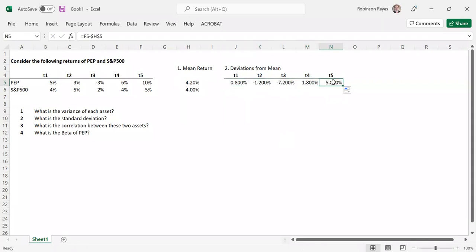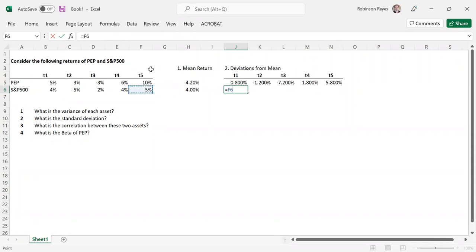If I look at the last of the cells, please notice that because we locked H5, the cells that make reference to the returns here, B, C, D, E, F, are changing, but the cell where we have the mean return is not changing. The reference is always H5.